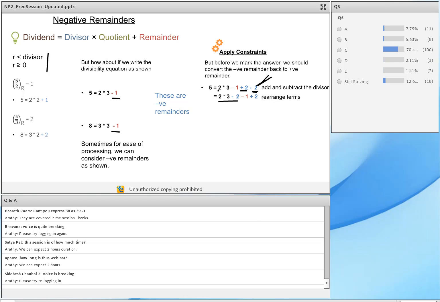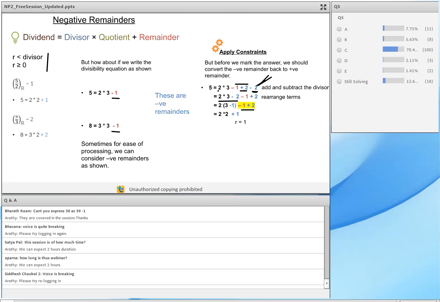Then we combine minus 1 and plus 2. As we do that, we get 5 is 2 times 3 minus 2, and then you get minus 1 plus 2, which is your remainder, and essentially that is the same as 5 is 2 times 2 plus 1. So that's how you convert a negative remainder to a positive remainder.